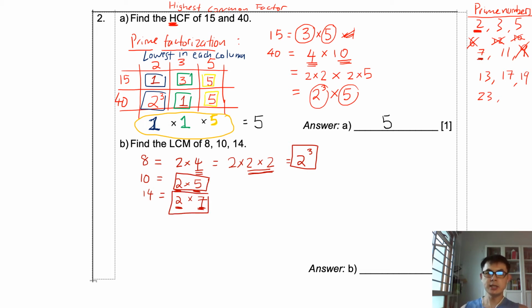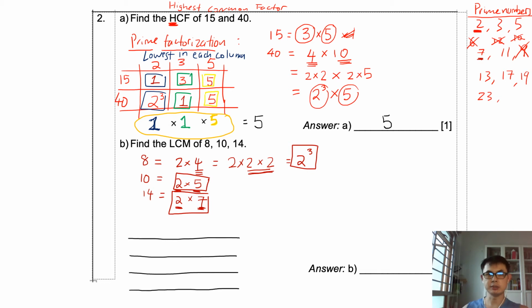Okay, so what's next? Next, we'll just work out the table. Right, the table. This time around, our table needs to be a little bit smaller because we have 3 numbers. Okay, and then the columns. We need to prepare the columns for all the prime numbers that ever appeared in our prime factorization.